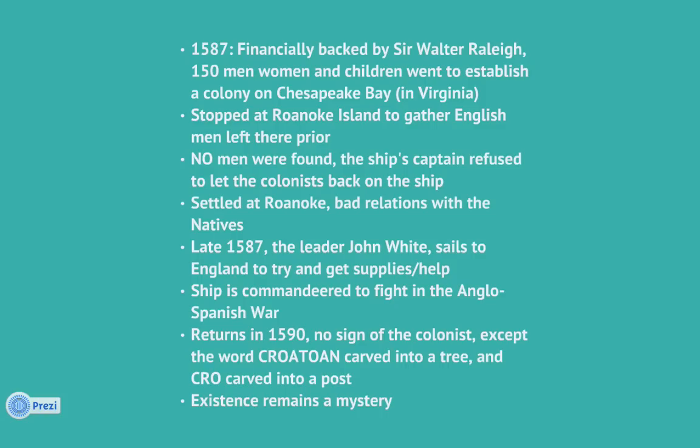It still remains a mystery today what happened to these people, because they don't know if they were killed by the Native Americans, killed by the Spanish who didn't like the English, or if they tried to build a ship and return to England. A lot of people think that they mixed with the Native Americans and created their own civilization, but they're not really sure. And so it still remains a mystery.